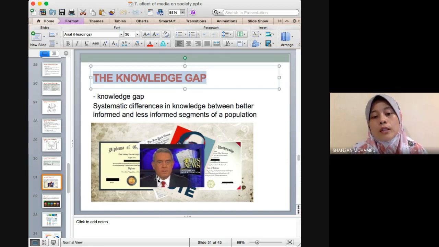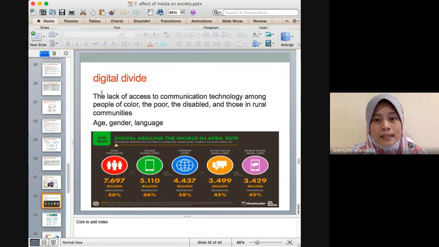Okay, so this knowledge gap theory is closely linked to the digital divide theory. Have you heard of digital divide? Okay, so digital divide or digital gap. Just now we said those who have more information have better privilege, right?